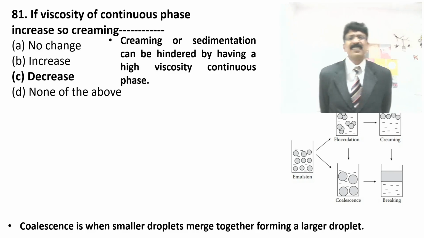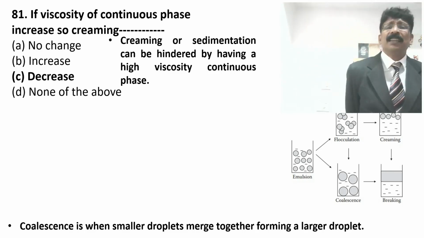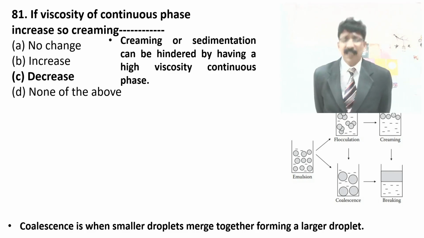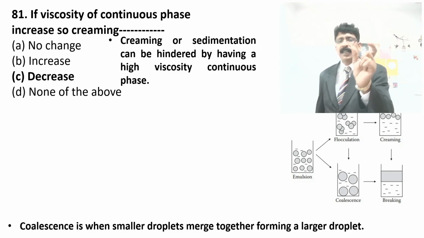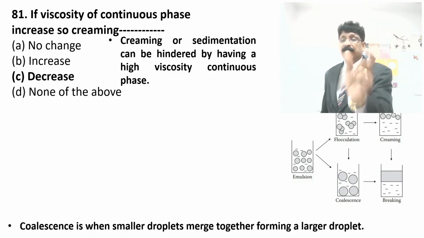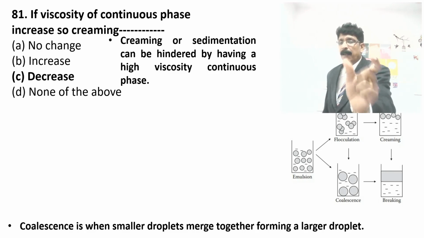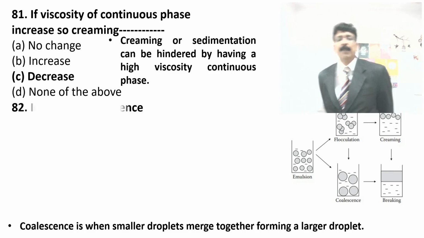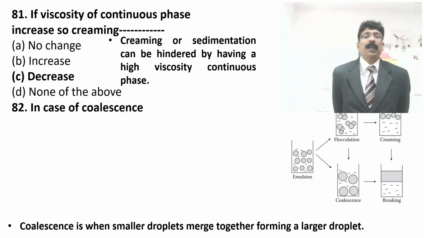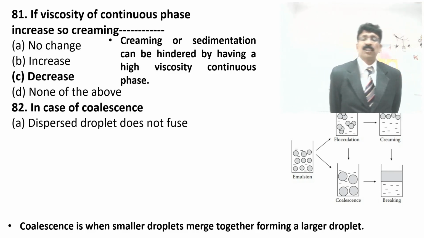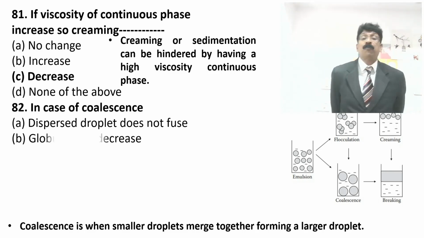If the viscosity of the continuous phase is increased, creaming can be reduced, because creaming and sedimentation can be hindered by having a high viscosity in the continuous phase. That is the concept. When the viscosity of the continuous phase is increased in an emulsion, automatically the coalescence will come down, flocculation can be reduced and creaming can be reduced.